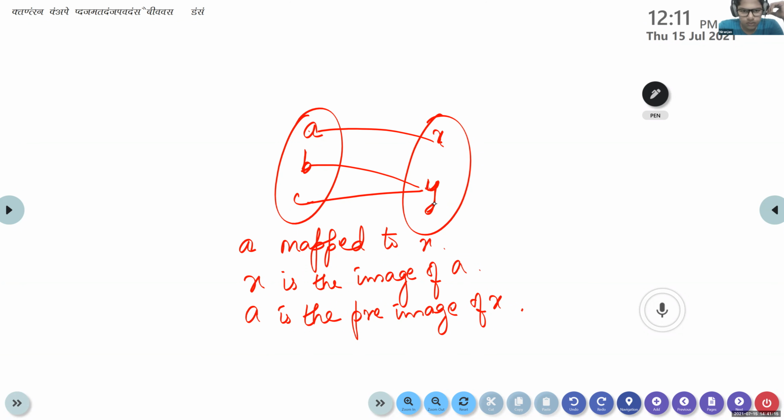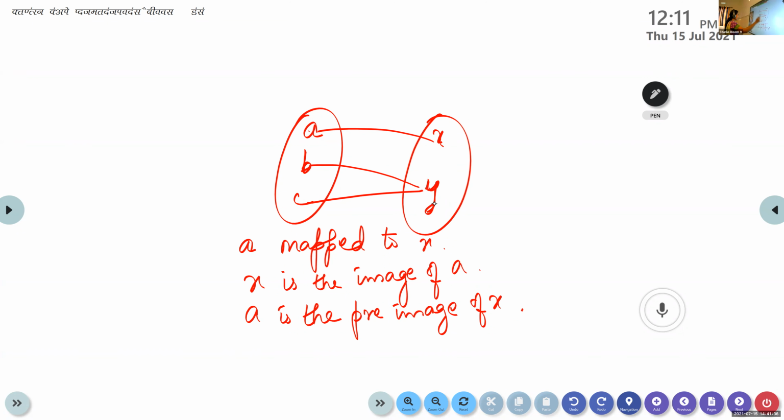Image of C is Y. Now what about the pre-image of Y? B and C. That is important: Y has two pre-images here, B and C.